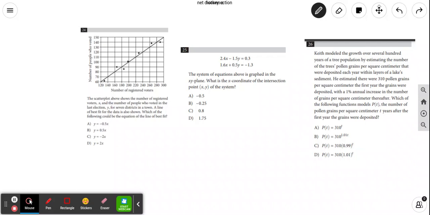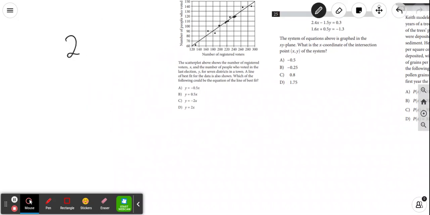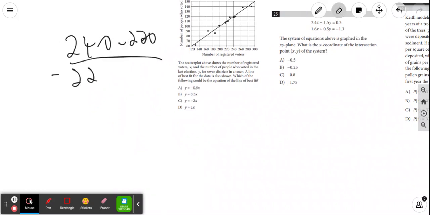Because it's asking for the line of best fit, or the least squares regression line, if you guys know what that is. That's exactly what this is, but you don't need to know that. So the slope is y2 minus y1 over x2 minus x1. I chose these two because they're on the line and they're pretty simple. 240 minus 220, sorry, it should be y2, I messed that up, this should be on the bottom.